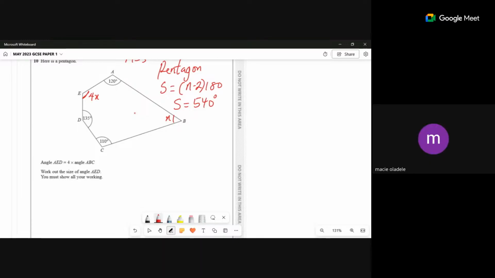Do we divide by 5 or by 4? You divide by 5. 35 degrees. So x is 35. So what is AED?